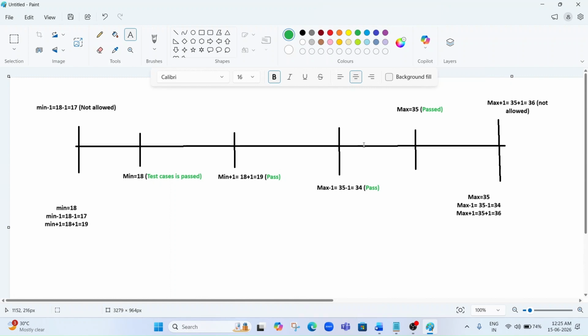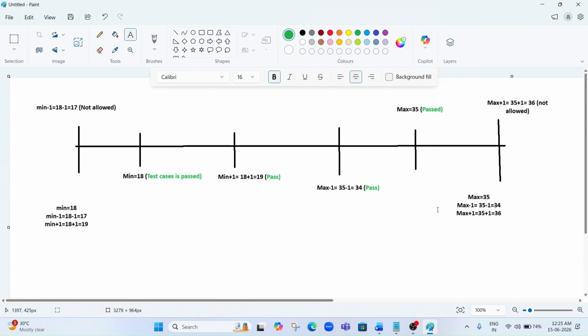Then 35 passed, 35 minus 1 also passed. 35 plus 1 is 36, not allowed as per the government rule. So our positive and negative scenarios are covered. This is the key concept, a live example of boundary value analysis.